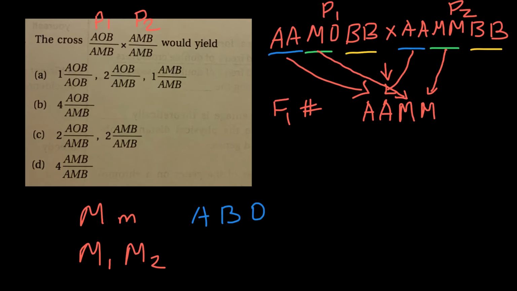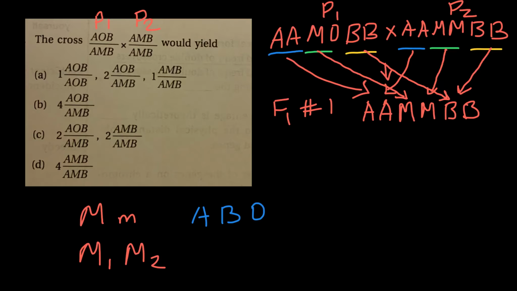As for the gene B, parent 1 can contribute the dominant allele B, and parent 2 also can contribute the dominant allele B. So progeny have to be homozygous for the gene B.